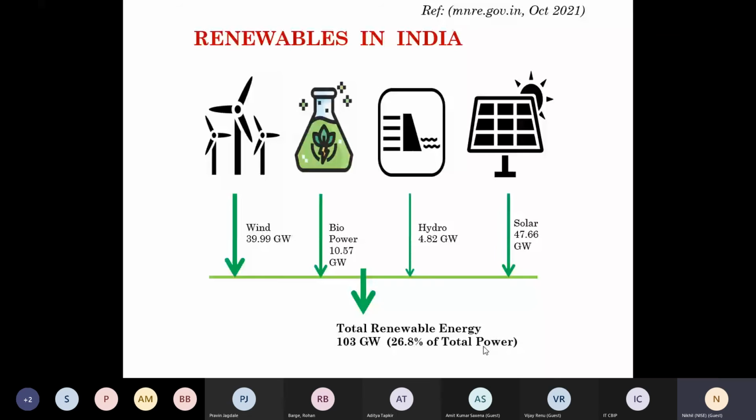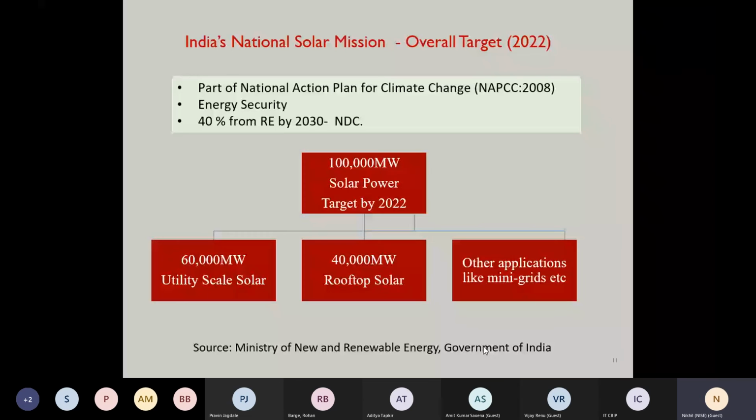In fact, this happened because of one pact: India announced a target of 1 lakh megawatt by 2022. Recently, of course, this is being revised to extend further. But the commitment of India to the world is that by 2030, our total energy augmentation from renewable energy or non-fossil based fuels will be 40%.